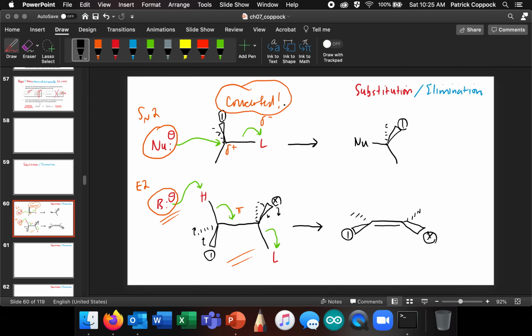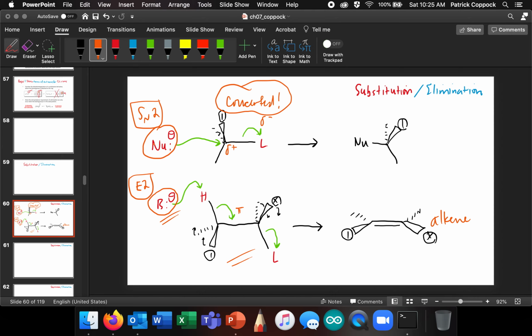This is an alkene. And what this other product is depends on what the nucleophile is. If that's a hydroxyl, then this is an alcohol. If it's a halide, it's an alkyl halide. Okay, so this is an SN2 reaction and an E2 reaction.